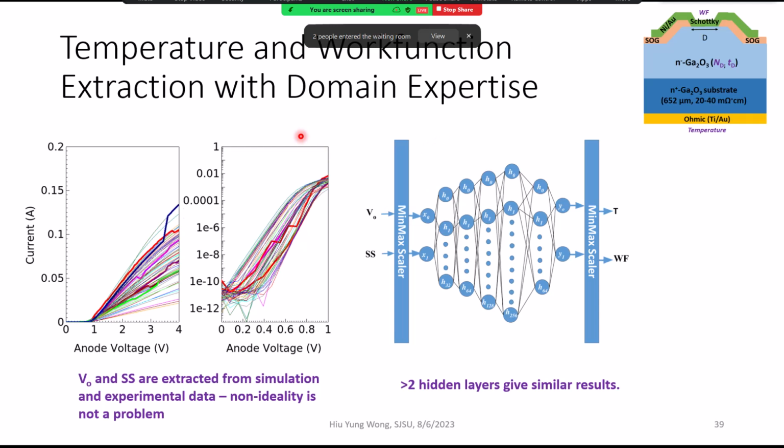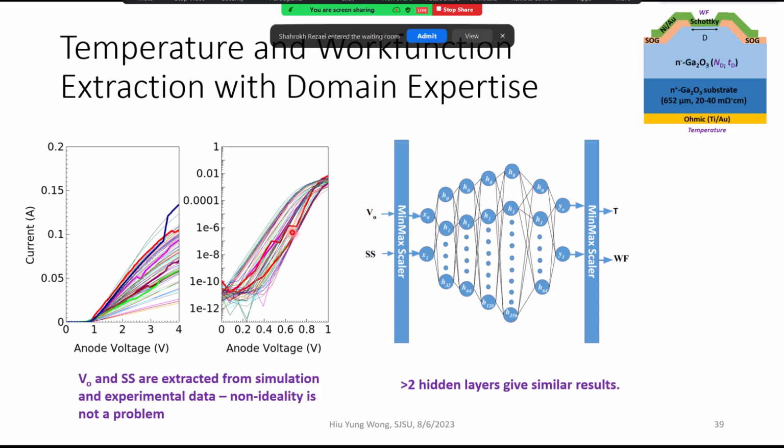Domain expertise means that you have taken solid state physics in your senior class in electrical engineering. So you know that in order to extract the temperature and work function of a Schottky diode, you want to find, for example, the voltage at which the current is 1e-6 and see how this curve shifts.